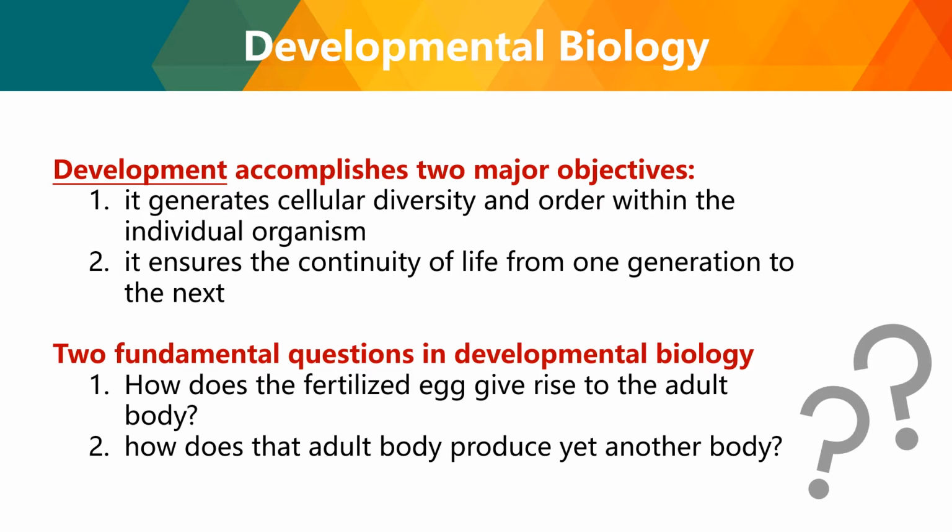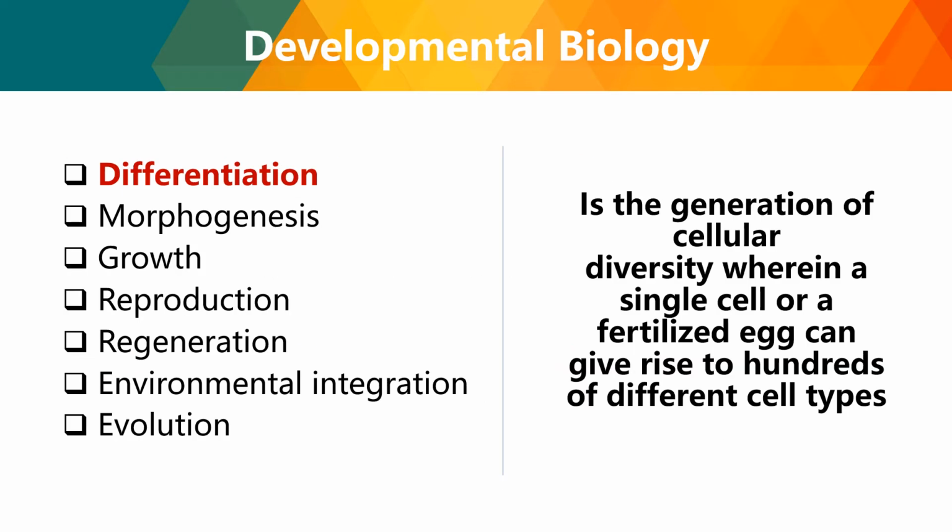So the first one would be about differentiation. With differentiation, it is actually the generation of cellular diversity wherein a single cell or a fertilized egg can give rise to hundreds of different types of cell. So basically, in the beginning, these types of cell are very generalized in characteristics.